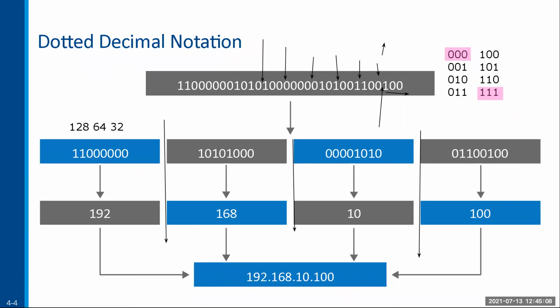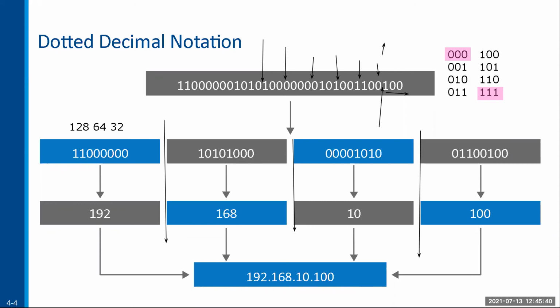The all zeros indicates the network and is used on the router for routing purposes, not so much for host purposes. The 111 is known as a broadcast address, and that allows me to talk to all members of this subnet in a single packet, meaning that the destination address of 111 in the host field must be listened to by all devices that are members of that network.